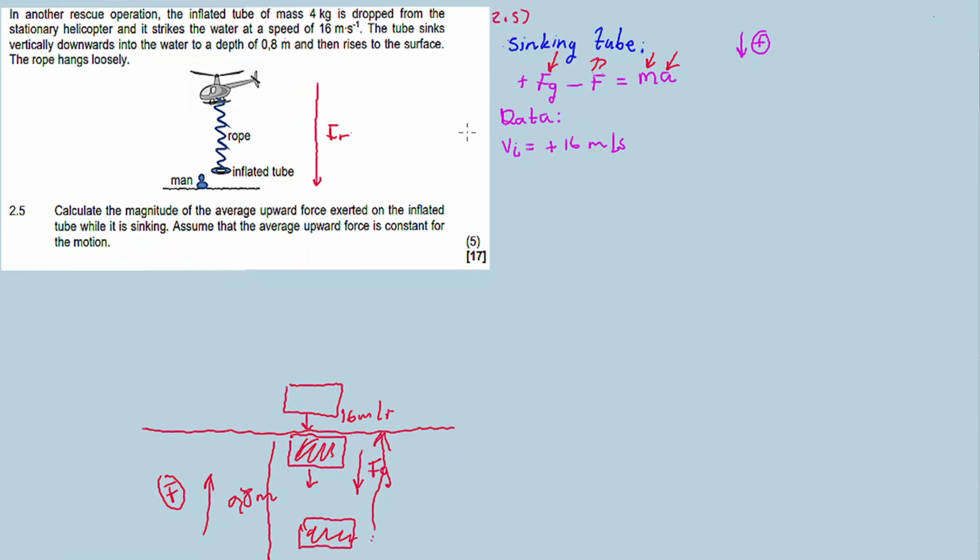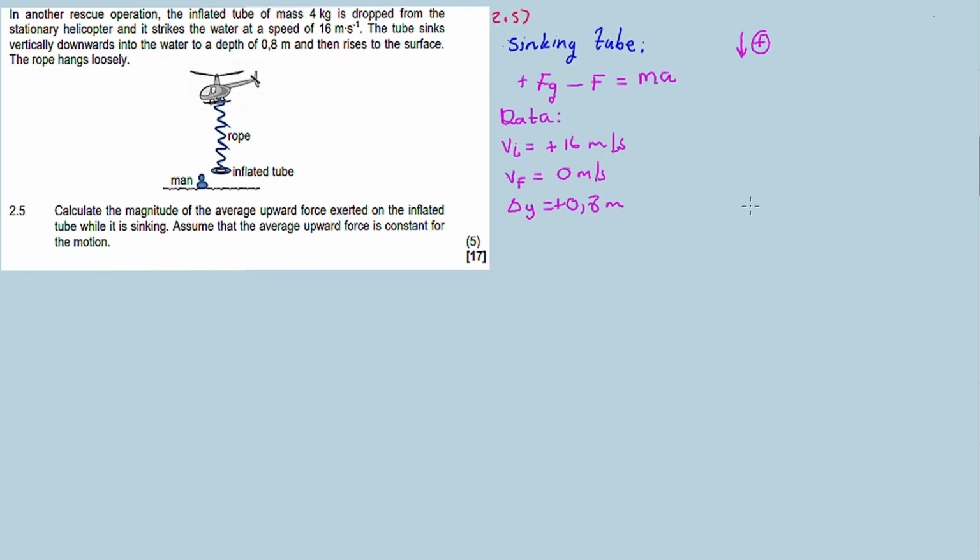It stops and then it changes direction and starts going up. Delta y is equal to positive 0.8. This is the displacement. It's going down, so it means what again? It means displacement is positive. Now, given the data, I can calculate the acceleration.